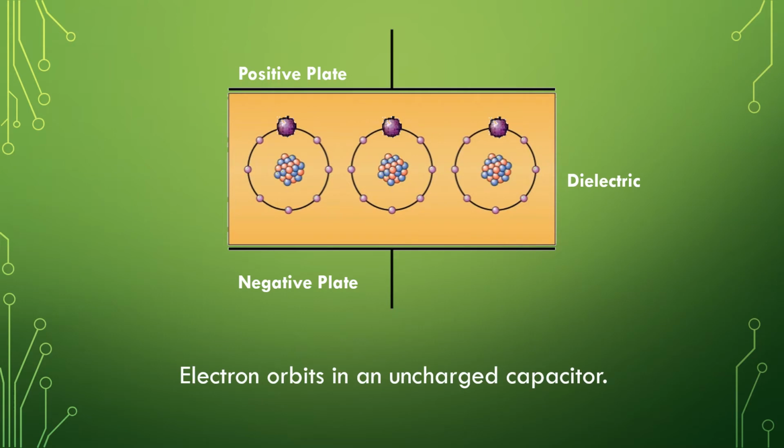Here's an example of the electron orbits in an uncharged capacitor. It has no charge applied to it. The electrons, all being the same charge, will evenly distribute themselves around their orbits in their individual atoms. They are nice and uniform.